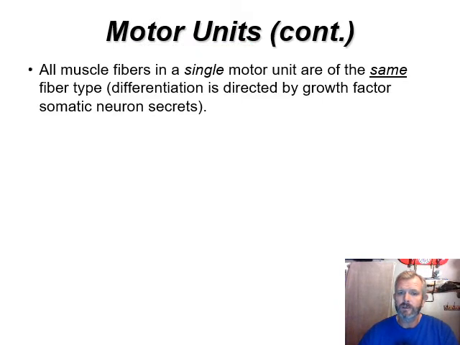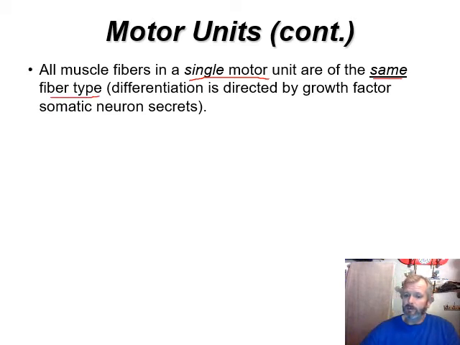So continuing on, remember our motor neuron only innervates the muscles. Only one motor neuron can innervate a certain muscle fiber, and what we're going to see is a single motor unit always contains the same type of fibers.